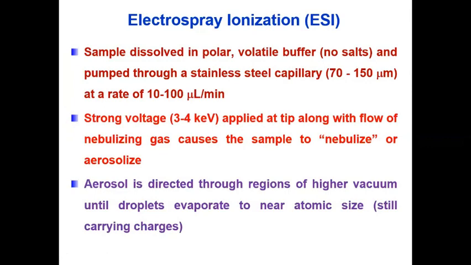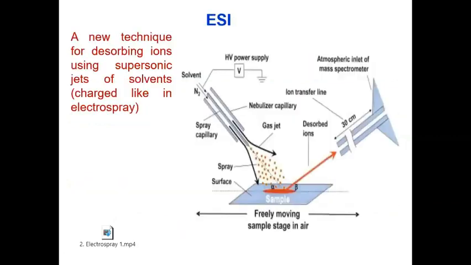As I told, electrospray ionization uses an electric field where a polar or volatile buffer solution is passed through a capillary tube with 3 to 4 kilo electron volt applied, along with a nebulization gas like nitrogen, so that we nebulize the sample and get an ionized sample into the mass spectrometer. So this is the diagram for electrospray ionization.